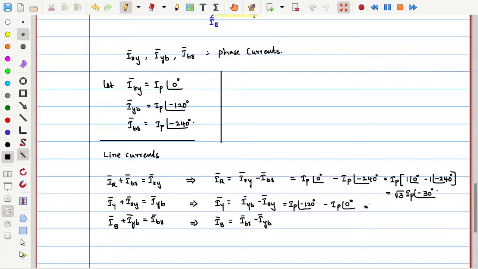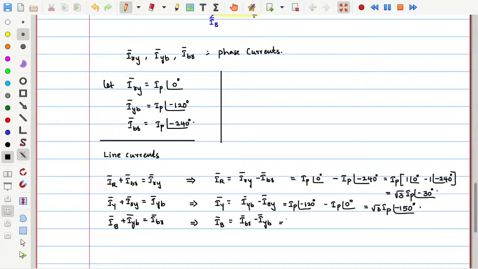How much is this? This is root 3 IP at an angle of minus 150. So this will be lagging by 120 degrees. You can cross verify: if you add minus 120, you will get this.